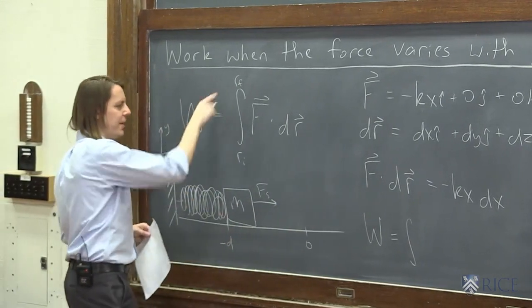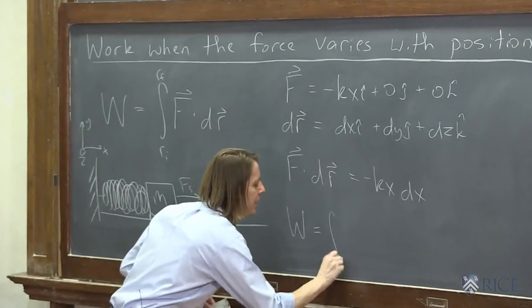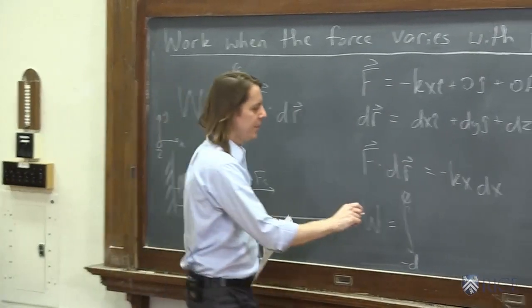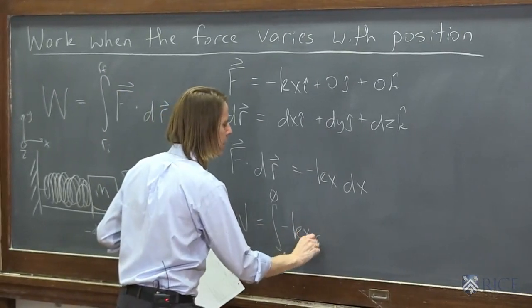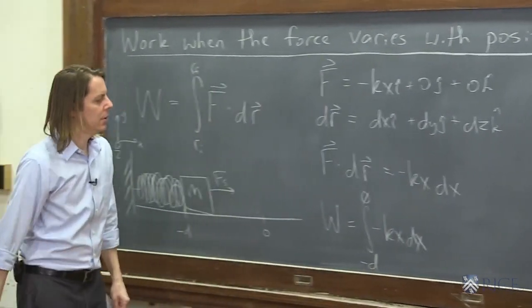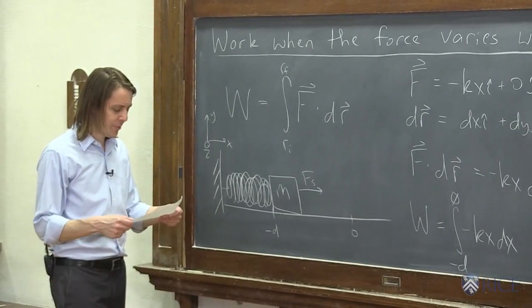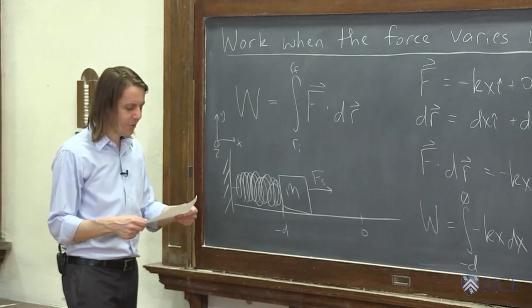So initial to final, it started at minus d and pushed to 0, of minus kx dx. All we've got to do then is know how to integrate. Hopefully you know how to integrate that.